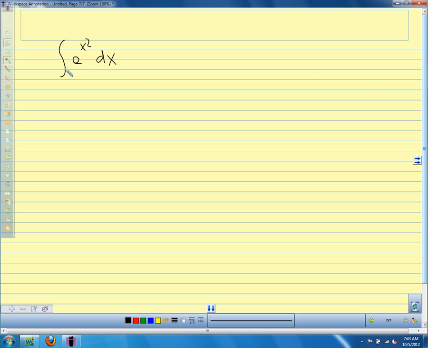We have a process now to write e to the x squared as a power series, and we can integrate that term by term, so we can come up with an expression for the integral of this thing, and if we're looking for a definite integral, we can find it to whatever accuracy we want by taking as many terms as we want.